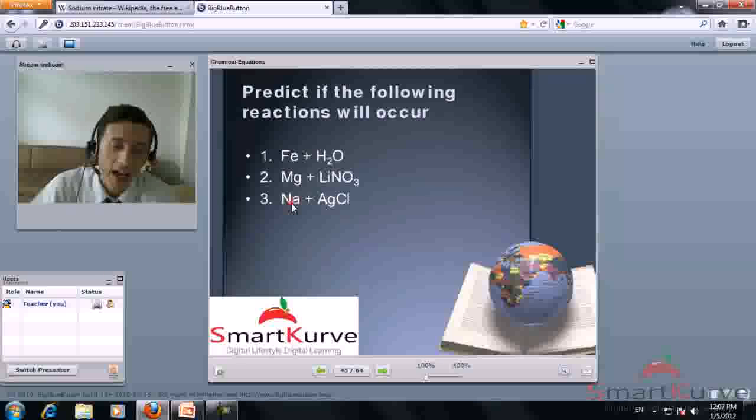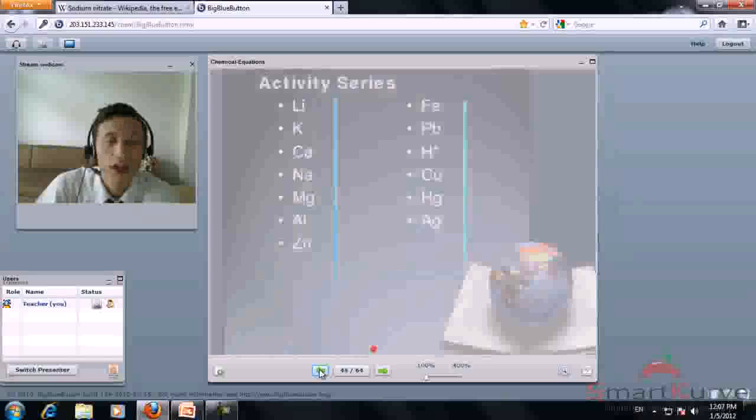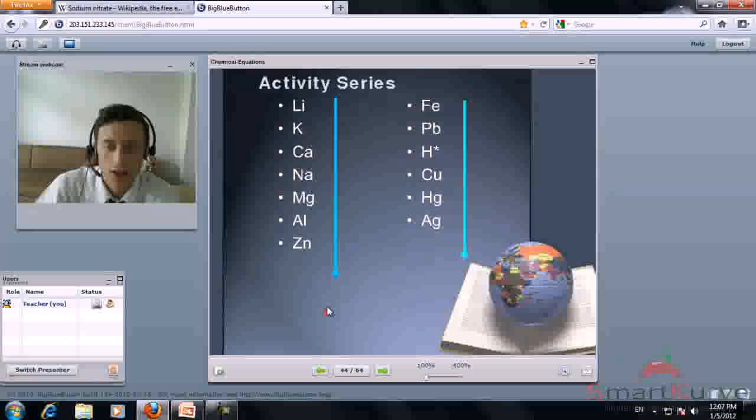Number 3, we have sodium and silver chloride. Let's look at the question we have to ask: will the sodium replace the silver? Let's look at our activity series. Notice our sodium is right here, number 4.